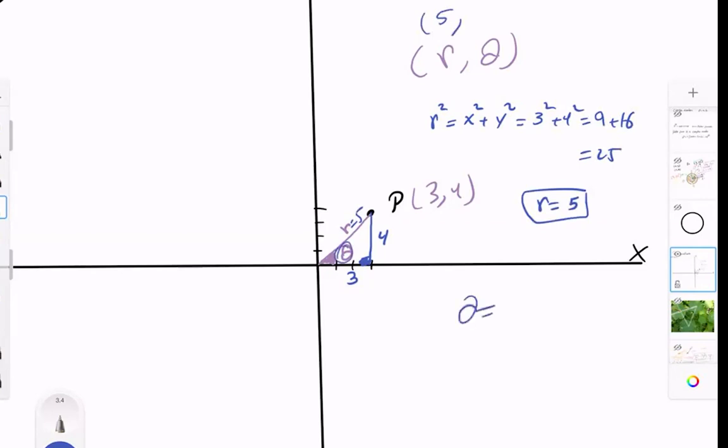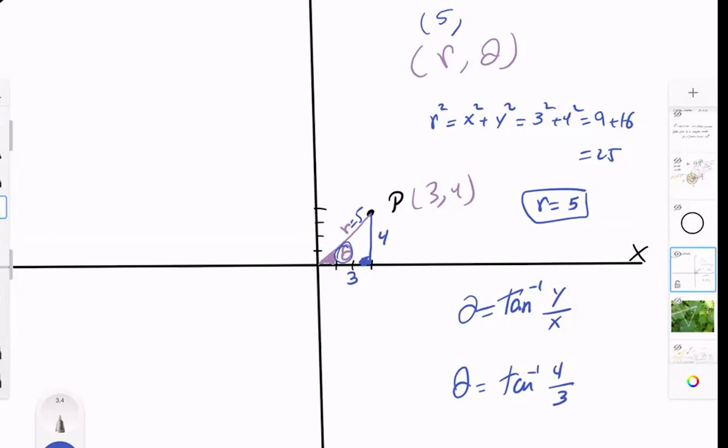Theta will be tangent inverse of y over x. That's a formula. Then theta equals tangent inverse of 4 over 3. I can ask Megan, what is tangent inverse of 4 over 3? Megan, are you there?